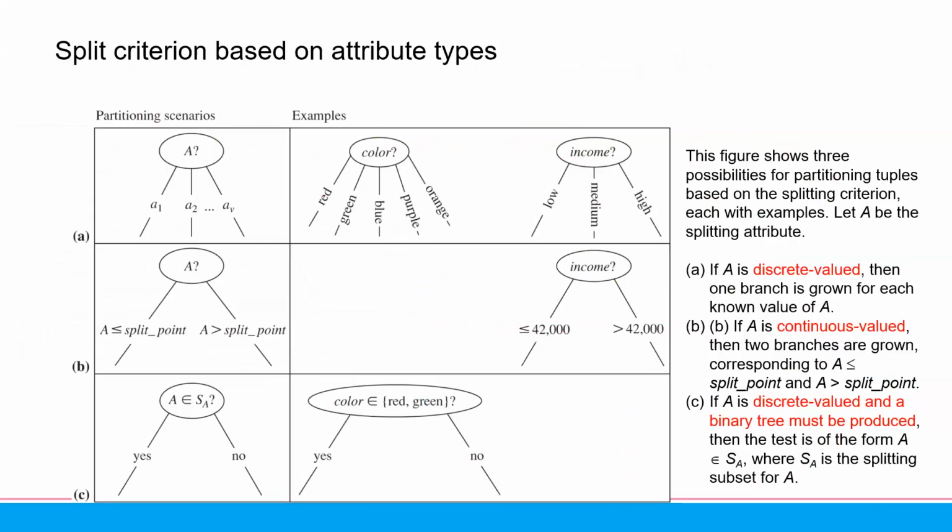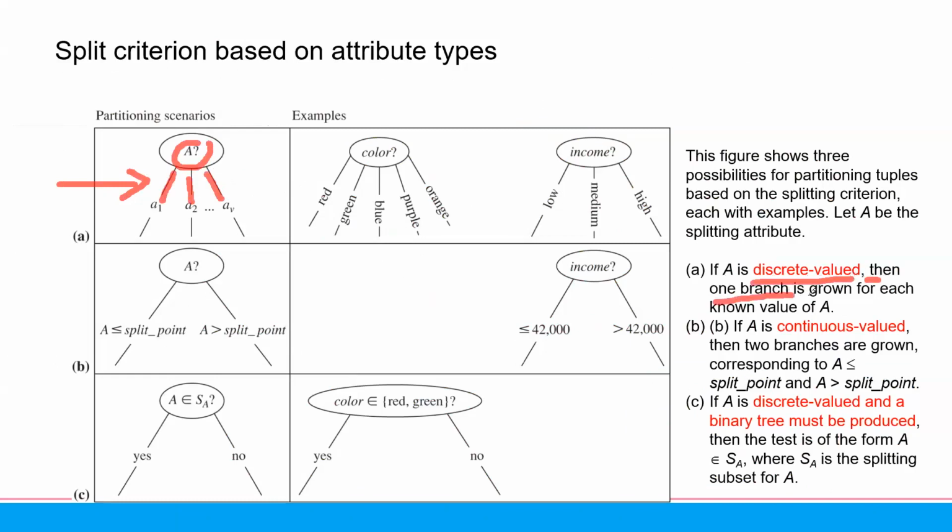So now there are some criteria to split. The first partitioning scenario is when you have A1, A2, A3 until AV as discrete values.